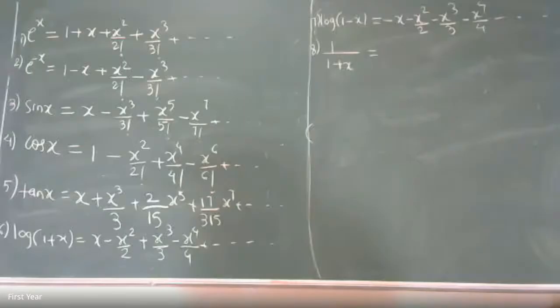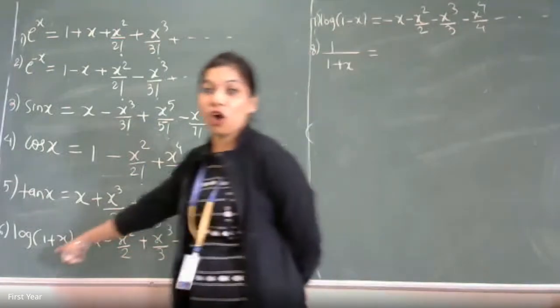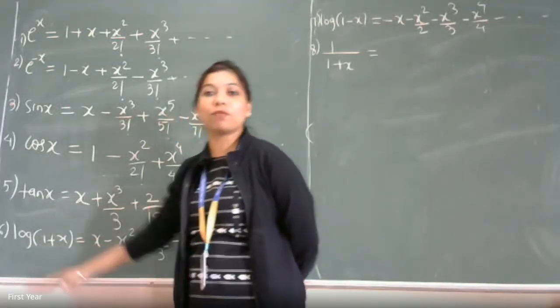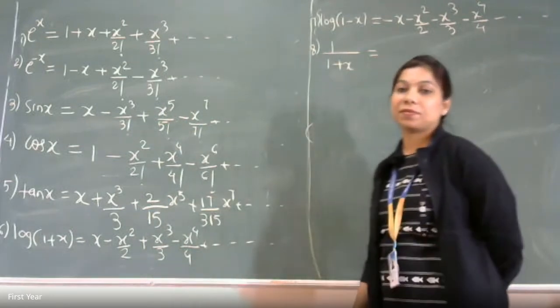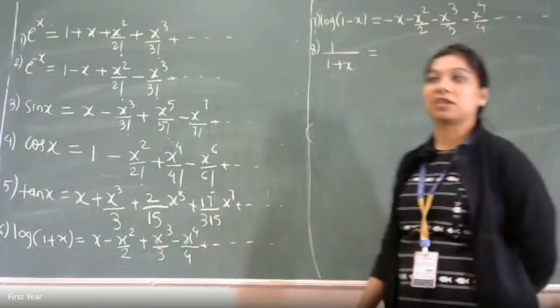Vivek, that formula. Aditya, what are you saying? If we differentiate the expansion of log 1 plus x. Absolutely right. Correct. Very good. If you differentiate this, on the left hand side you get 1 upon 1 plus x, isn't it? And then differentiate this term by term, you'll get the answer.